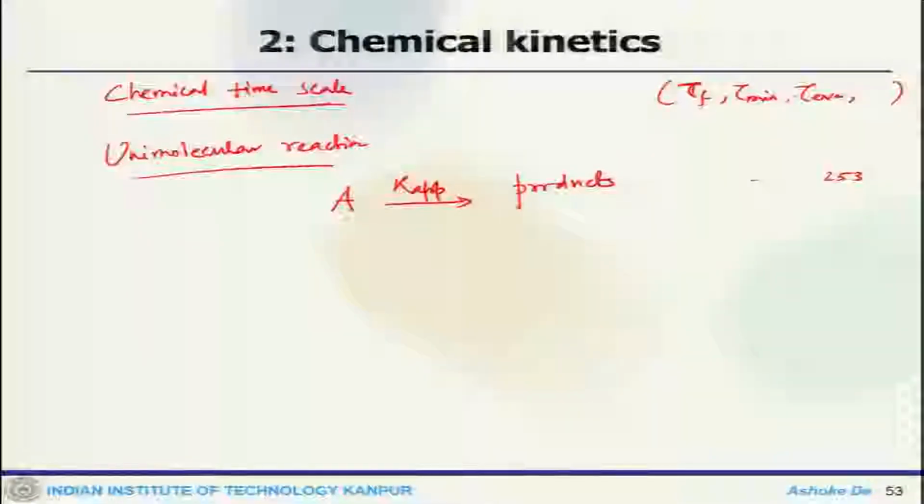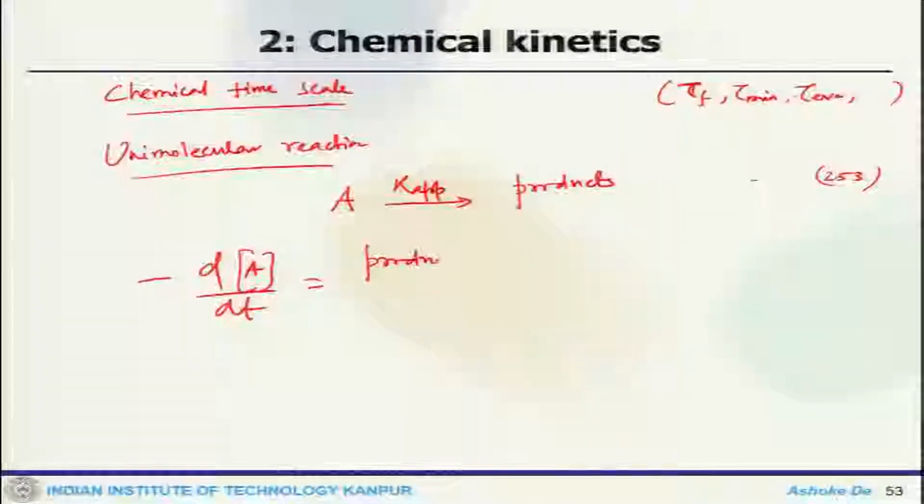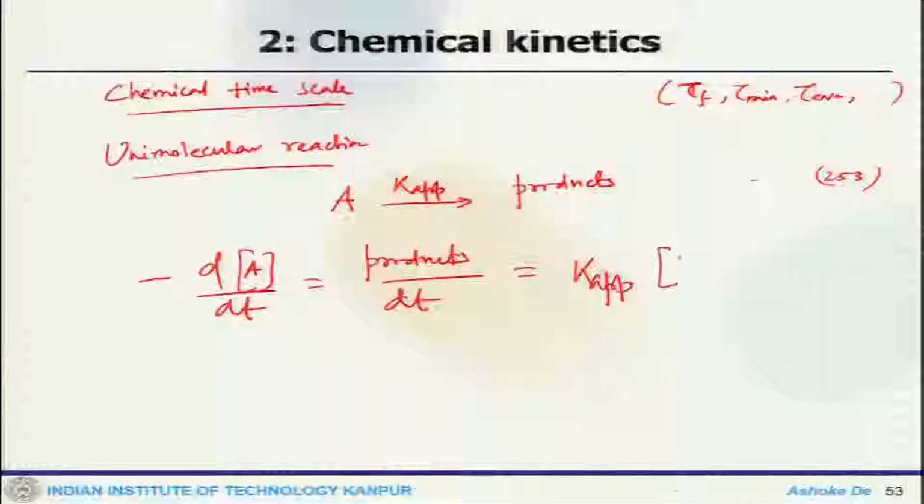This is what we have already seen in 2.53, and the rate of production of products, d[products]/dt, is Kf times [A]. This is what we have seen in 2.54. So, for a unimolecular system we have already seen this.